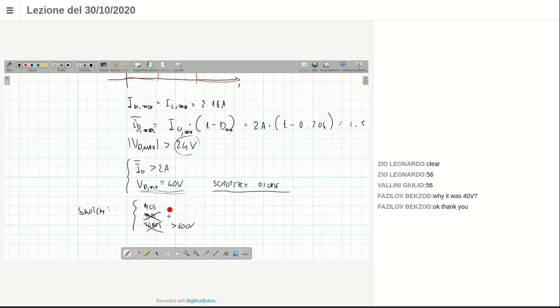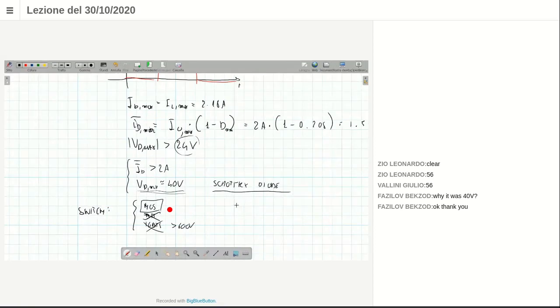We do not consider IGBTs. The best choice is for sure MOSFET. Okay, what should we specify about the MOSFET?